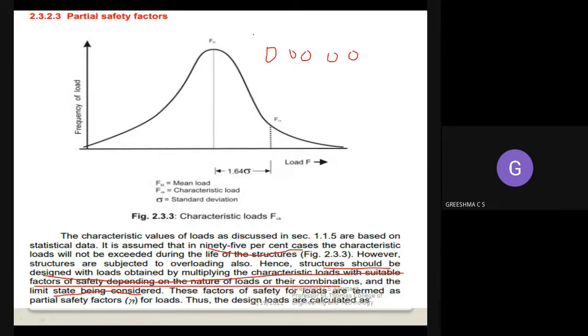So I can give you an assurance that I have made everything correct, and 95% of the buildings will not fail. But we cannot avoid the chance of failure also. There is a high chance that some structures may fail, so multiply the characteristic load with a suitable factor of safety to prevent the failure of the structure.